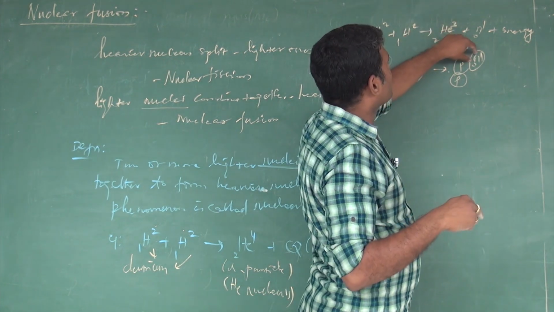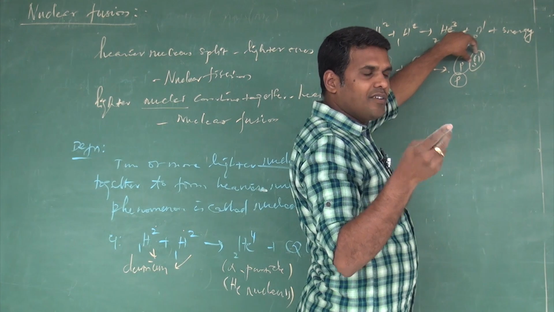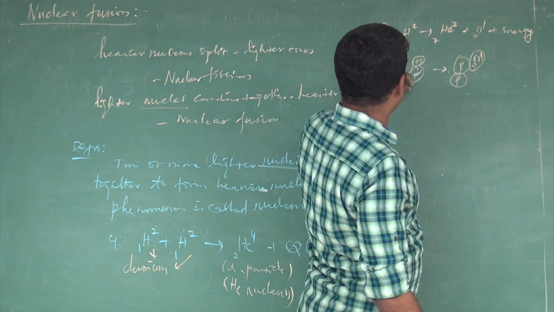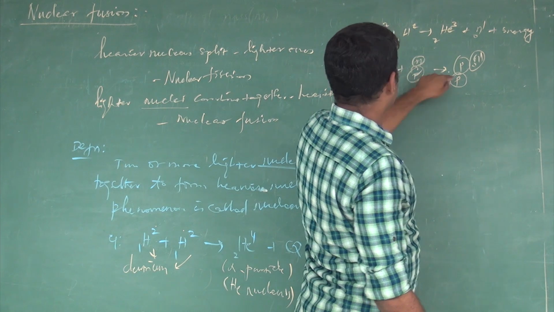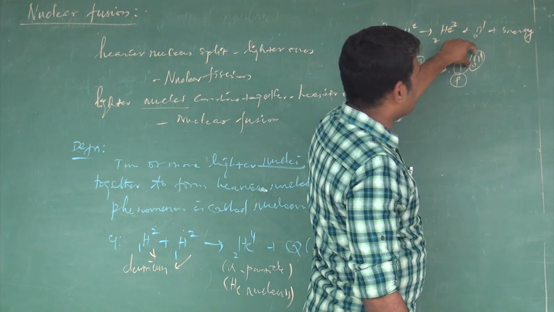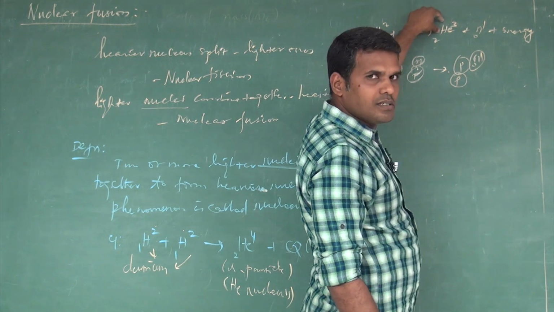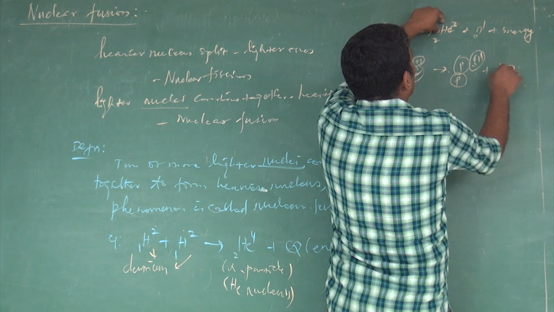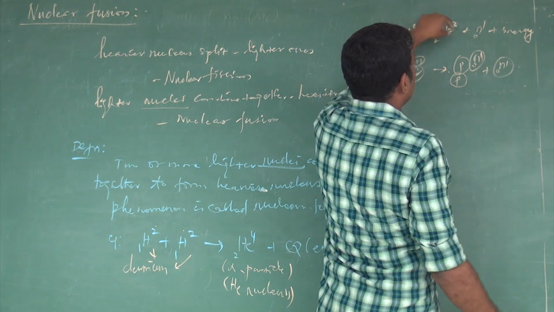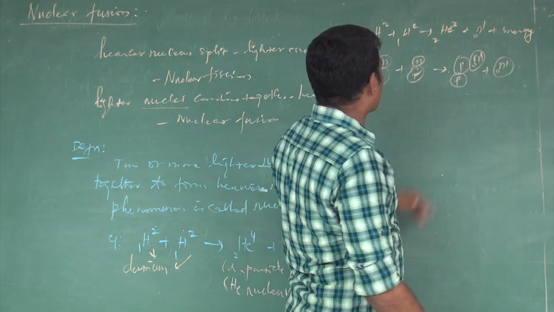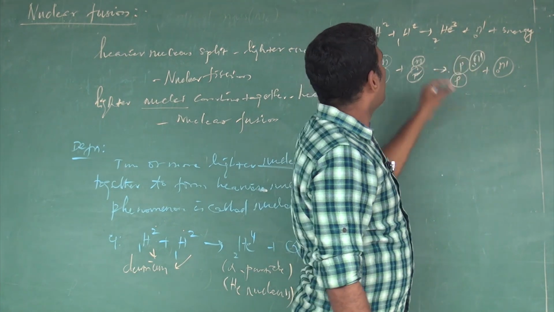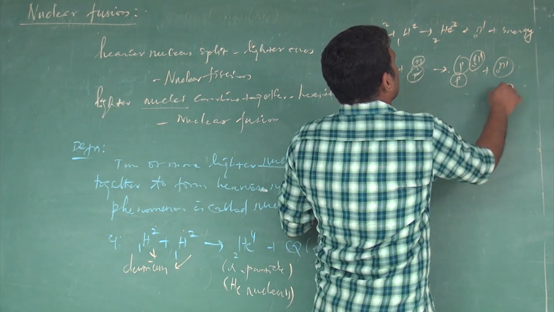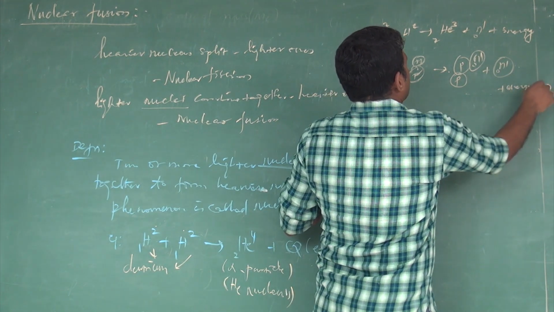Actually this process is carried out in a different way, but I am just representing here a proton-neutron and a proton-neutron assembly together giving 2 protons and 1 neutron, a combination of nucleus which is the He-3 nucleus, an isotope of helium. Along with that, there is a release of a neutron. So I just split the He-4 nucleus into He-3 plus the neutron with the release of energy. This is how the fusion reaction takes place.